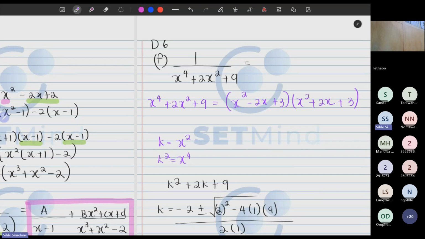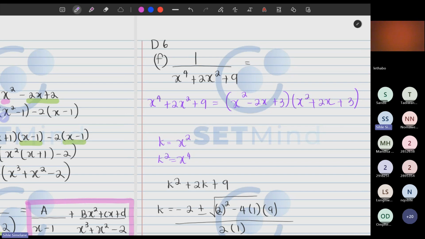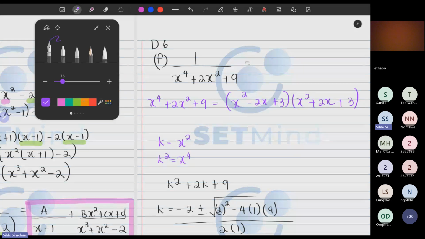This is what they were able to factorize that to. So let's quickly see, if you FOIL it, do you get the same thing? Let's quickly FOIL this and see what they are saying.